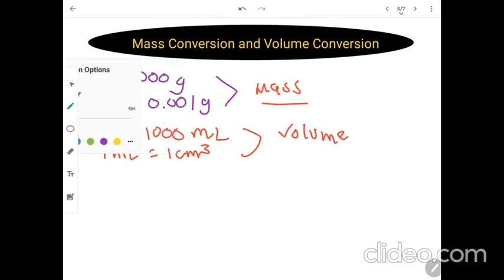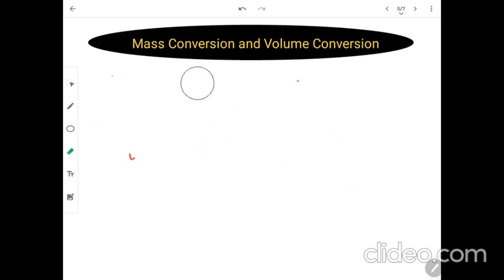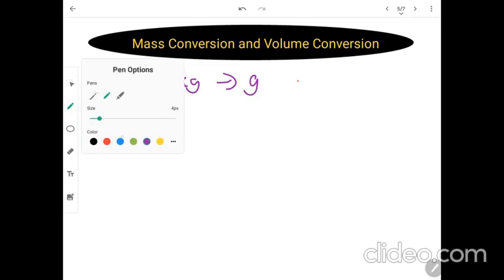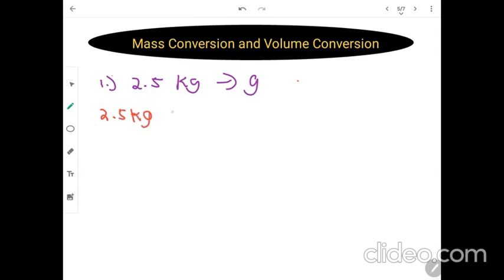So dahil familiar na kayo dyan, let's have examples. For example, let's try to convert for mass. For number 1, for example, we have here 2.5 kilograms to grams. Okay, again, sulat mo muna yung given. So your given is 2.5 kilograms. Take note that your 1 kilogram is equal to your 1,000 grams.